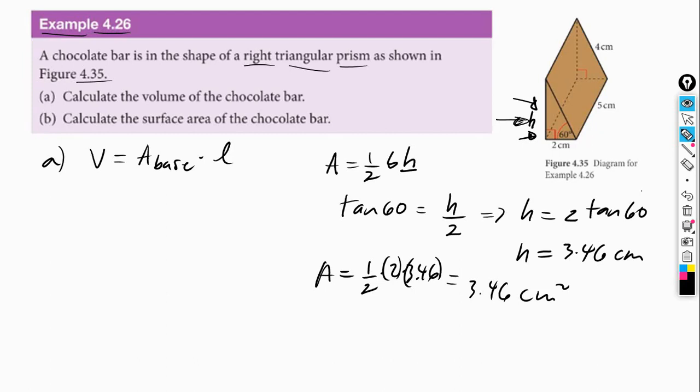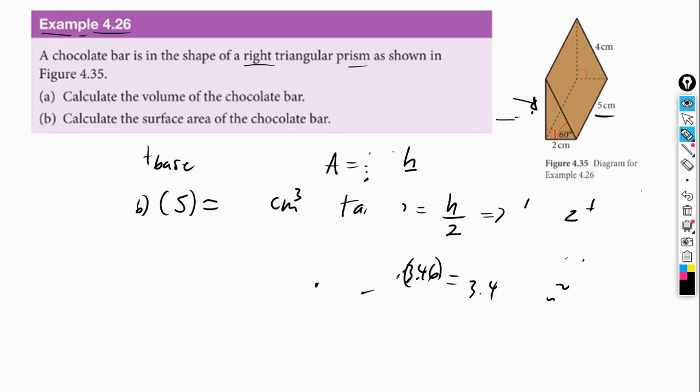So we have then that the volume of the right triangular prism is going to be 3.46 times the length, which is 5, right? Times 5. And this will be approximately 17.3 centimeters cubed.